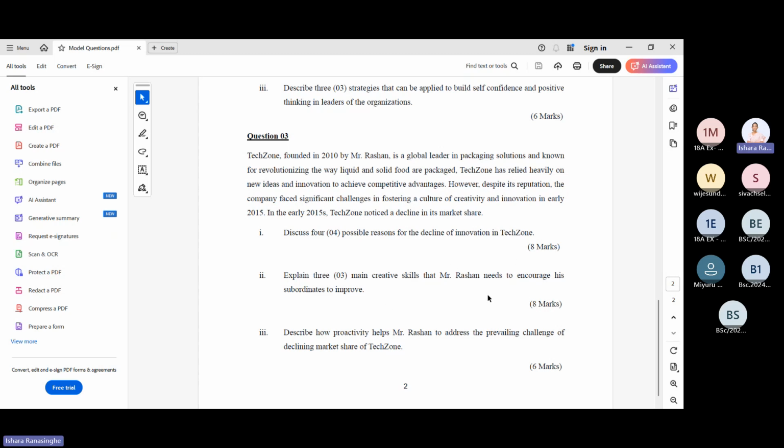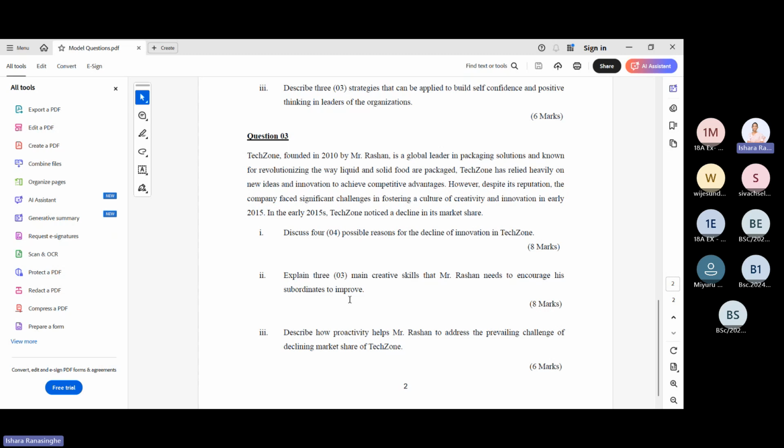So then the last question. Describe how proactivity helps Mr. Rashan to address the prevailing challenges of decline in market share of Texon. So we are going to write down the answer for this.